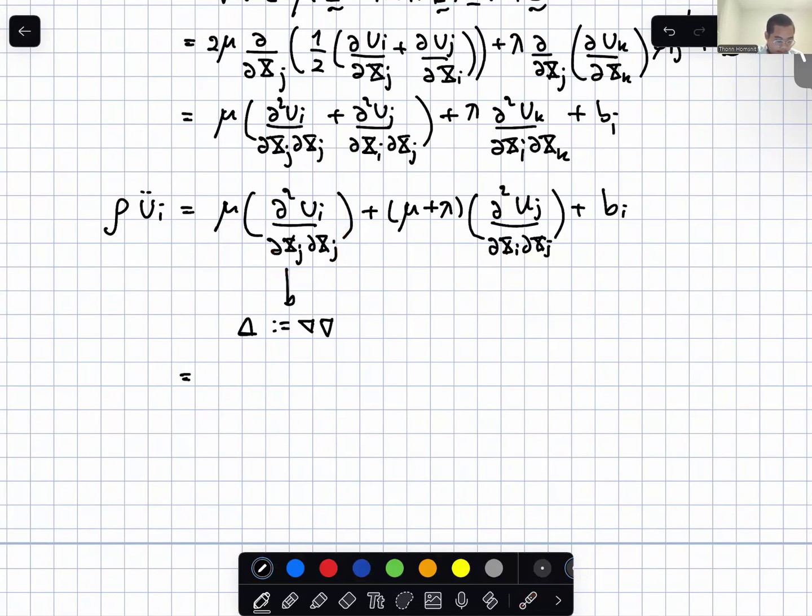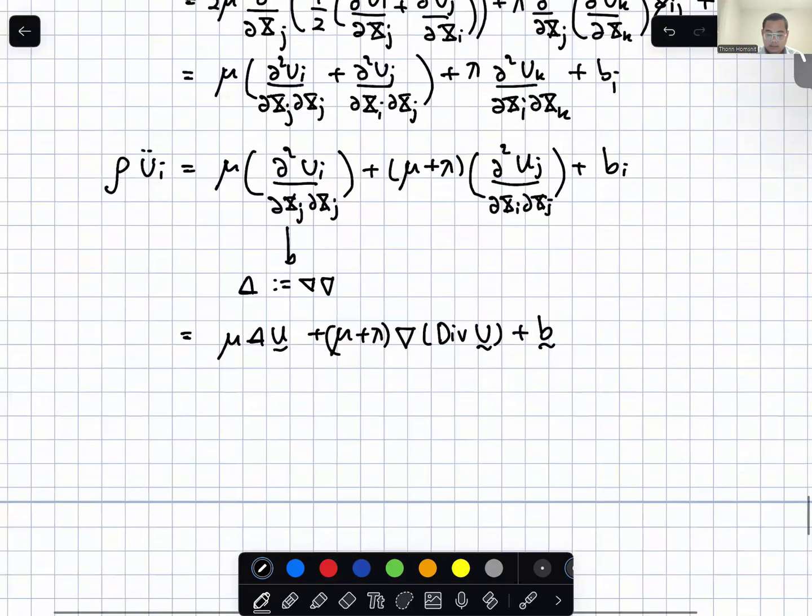So we can write it as mu, Laplace of u, plus mu plus lambda, and this one is basically the gradient outside and the divergence inside, times the divergence of u, plus b. Okay.